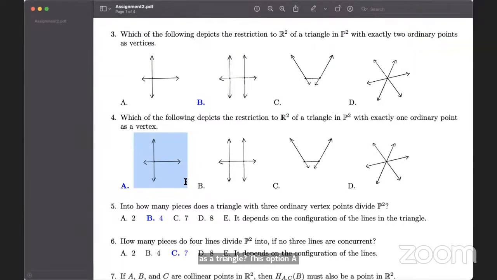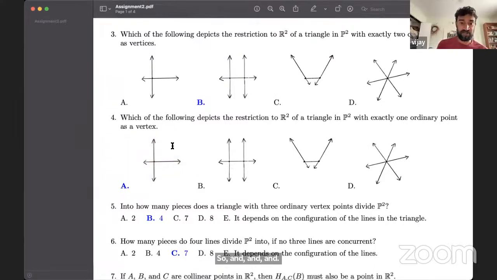So maybe we can join the line at infinity. Yes, if we include the line at infinity as our 3rd line, then this is indeed a triangle, because we'll have 3 lines, we'll also have 3 vertices. This vertical line will intersect the line at infinity at one point at infinity. This horizontal line will intersect that same line at infinity at a different point at infinity.